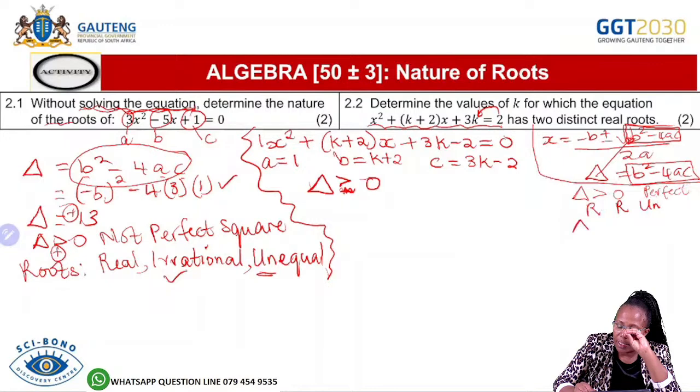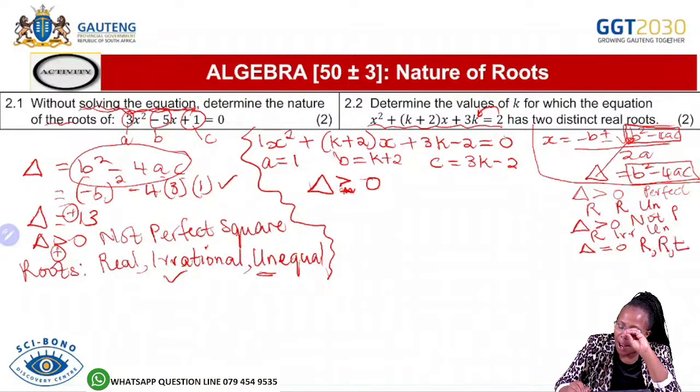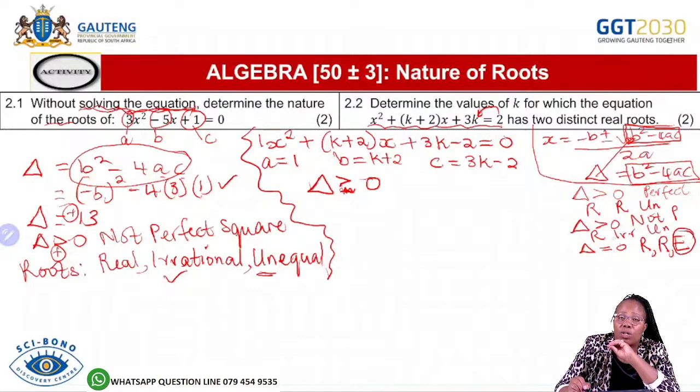Discriminant greater than 0 and not a perfect square means it's real, irrational, unequal. And when the discriminant is equal to 0, it will be real, rational, equal. This will be the only case with equal roots.